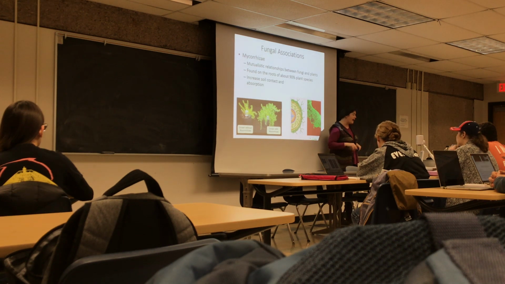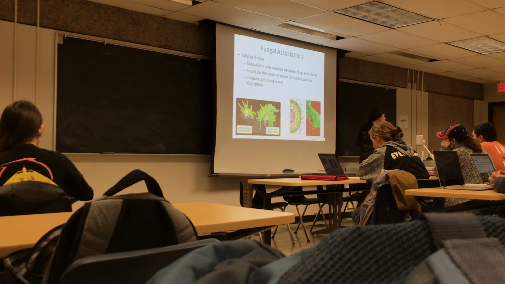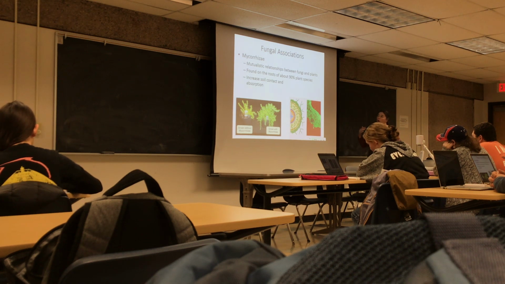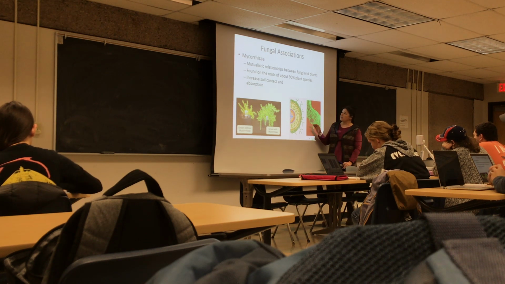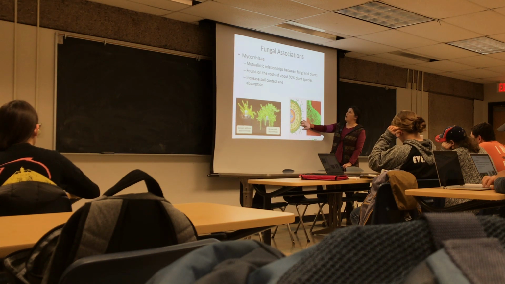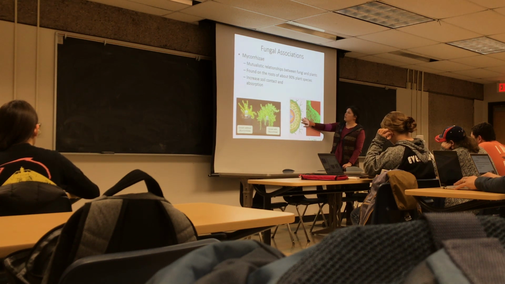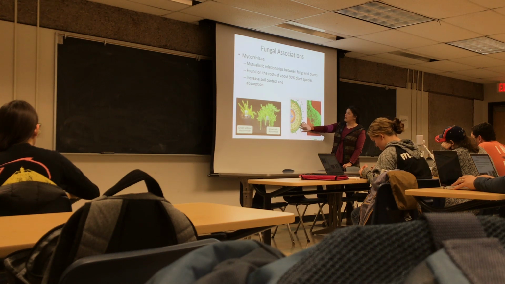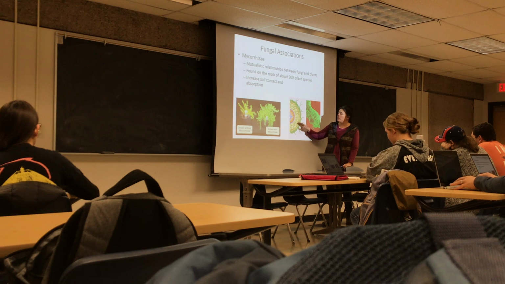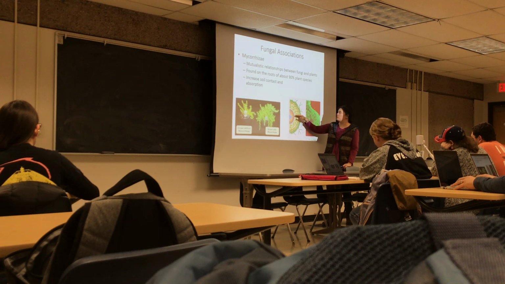In addition to that, many plants have these fungal associations, right? Do you remember the mycorrhizae from the fungus unit? So in addition to all their own root hairs, oftentimes, and most of the time actually, plants also will have these mutualistic associations with fungal species that will grow on the surface of the root, and some of the hyphae of the fungus will actually penetrate into the root.